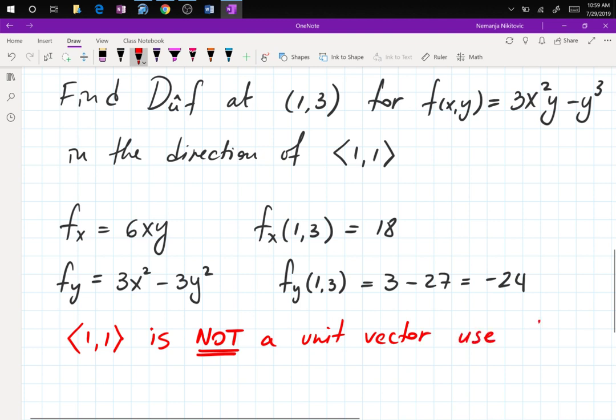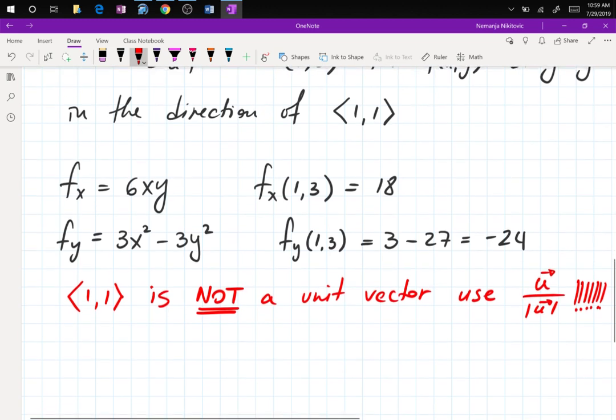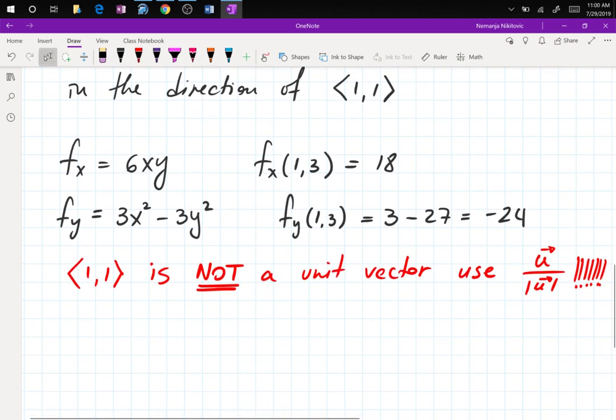Use u divided by the magnitude of u. Seven exclamation points right there. This is where your grade dies pretty much every time. So yeah, 1, 1 looks cool, but it's not a unit vector, so you have to find the unit vector.